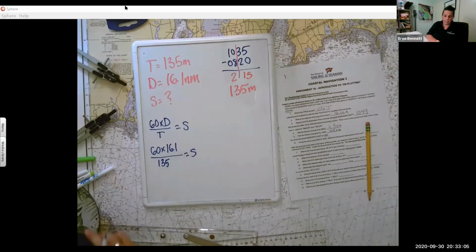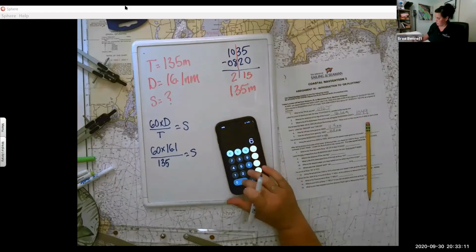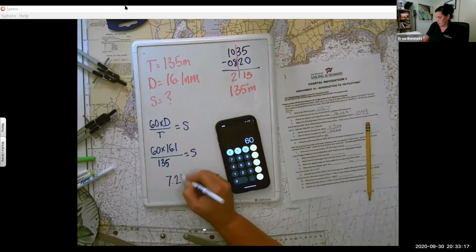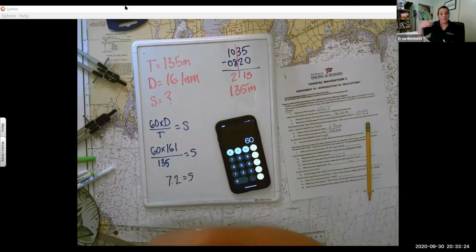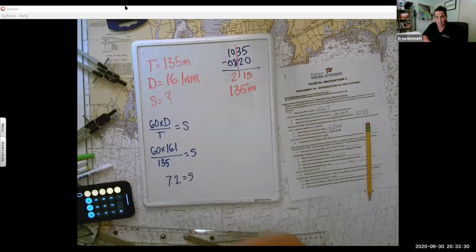Let's get my calculator out. 7.2. What do you guys get? 7.2 knots. 7.15 to 7.2. That equals speed, and that is faster than our 6.5. So that double checks our little common sense check, right?